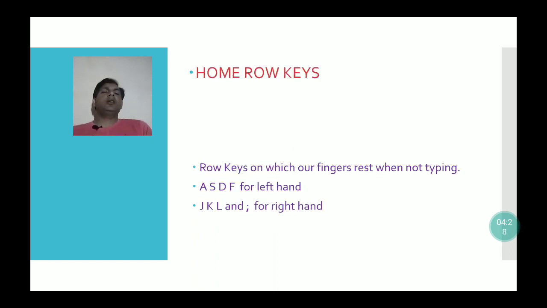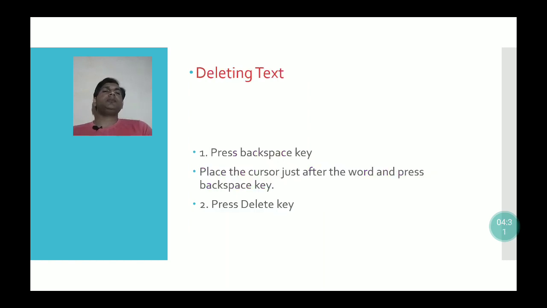So next is deleting text. Suppose we have made any mistakes in our typed text, then how can we remove this error? We'll have to delete the text. There are 2 methods for deleting any text and data. First is pressing the backspace key. By pressing the backspace key, we can delete any text, any letter, any word.